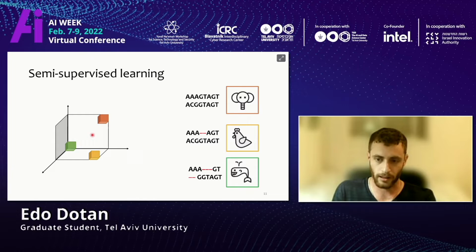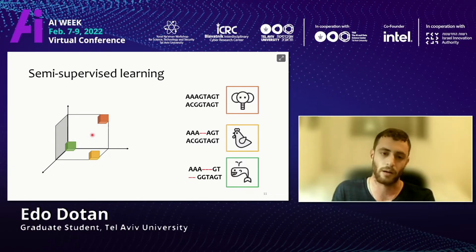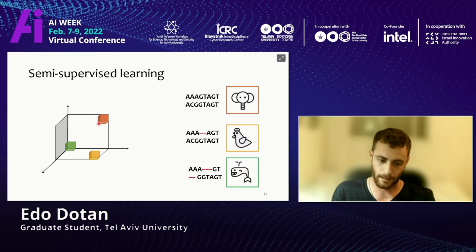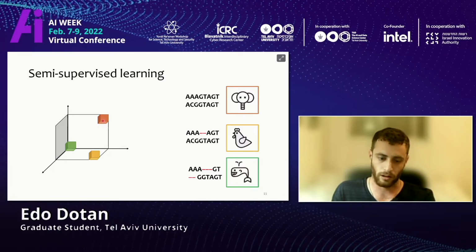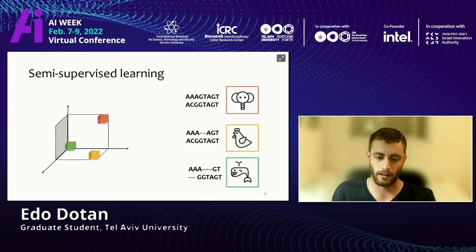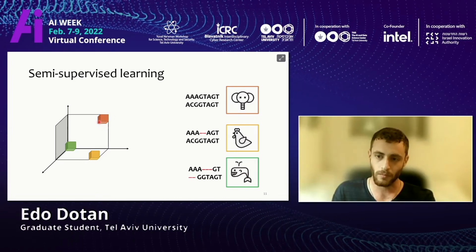We know for fact that different species have different alignment dynamics. So each species is in a different sub-region of the space.